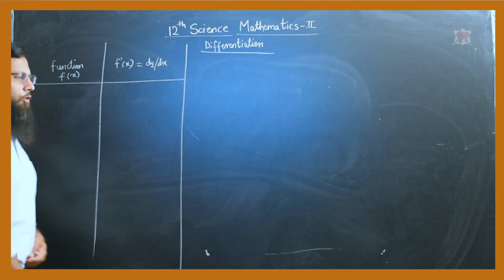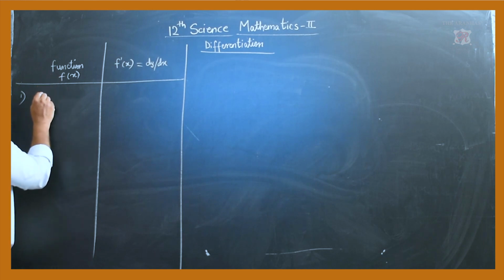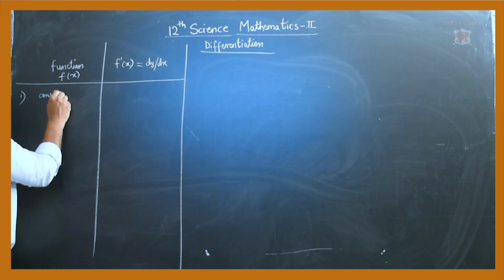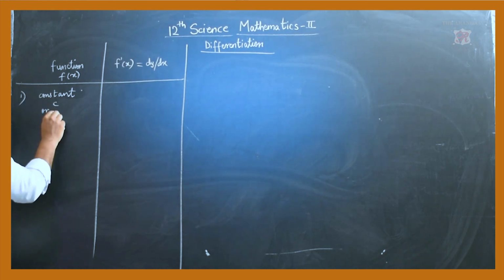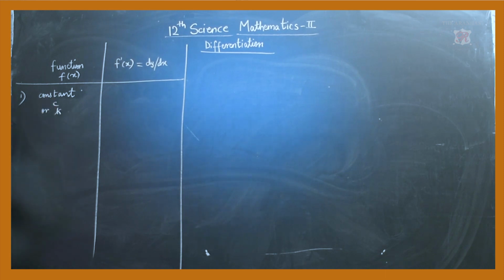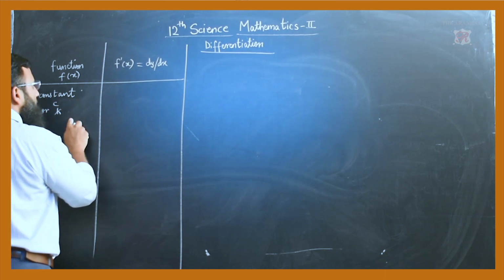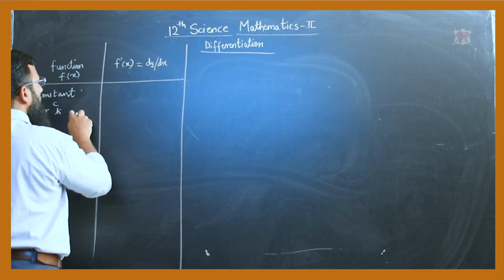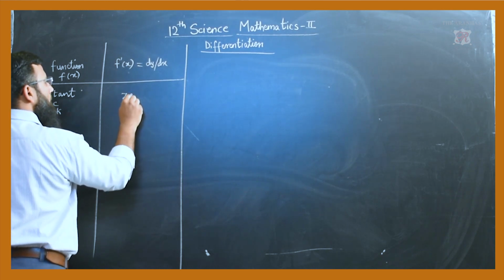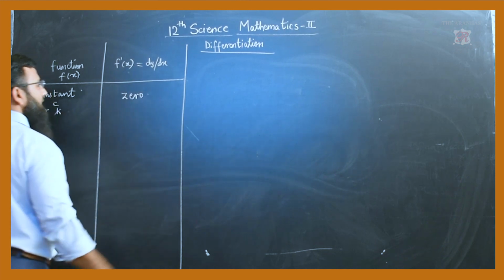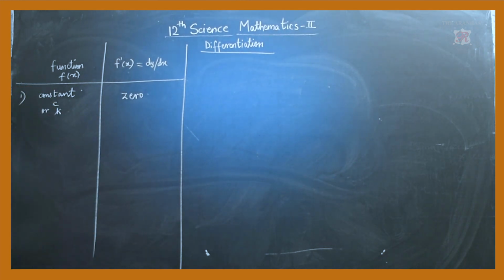Always remember, if there is a constant term which is a function, if there is some constant which is called c or some authors call it k, then under such a situation always remember the derivative of a constant is 0.